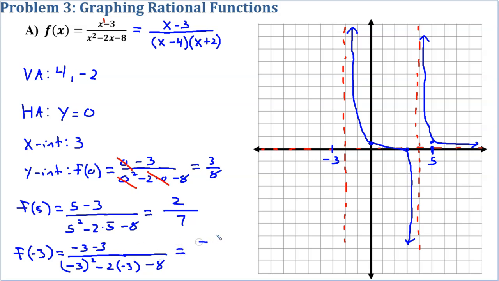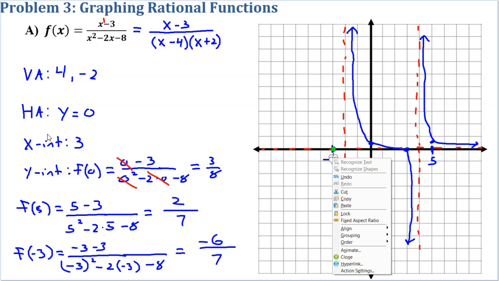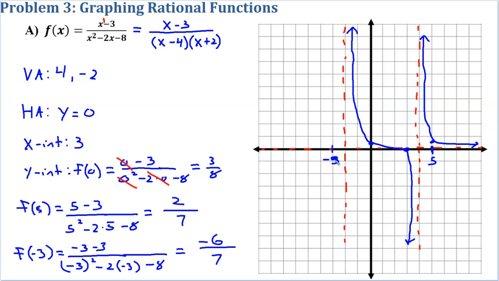And that'll give us a -6 on top over a 9, let's see here, plus 6, so 15 minus 8 would be 7. So here we have a point at -6/7, so about there. Again, it's not super important what that exact value is. We want to know if it's positive or negative, just so we can figure out if that graph goes above or below the x-axis.